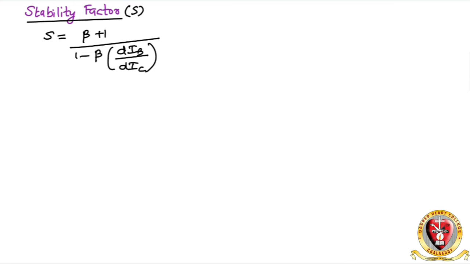In fixed bias method, we can say that IB is independent of IC, because IB is a suitable value chosen by us.